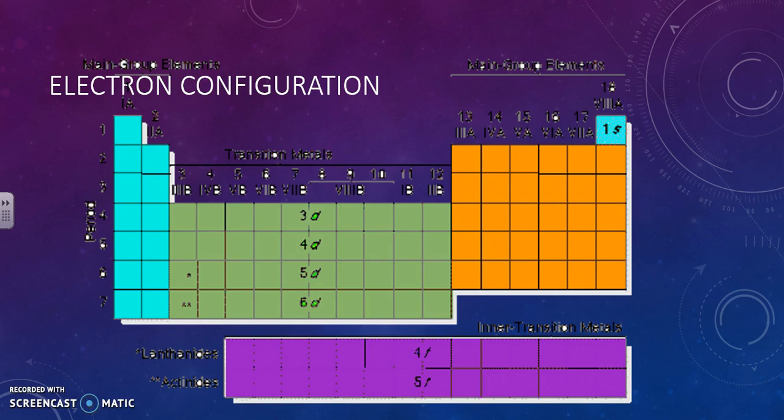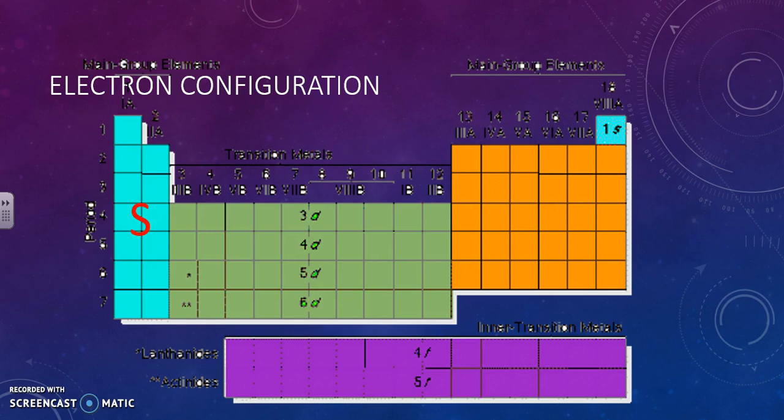Our first task when we're trying to write an electron configuration is to use the periodic table in a very efficient way. So the first step is we're going to color code the periodic table into 4 basic zones. The first zone would be the S zone, and it's right here in blue.